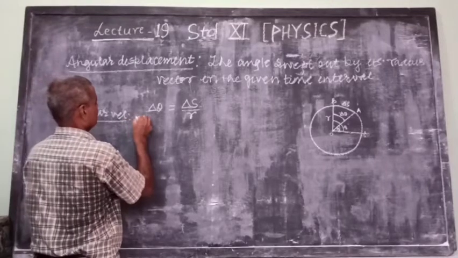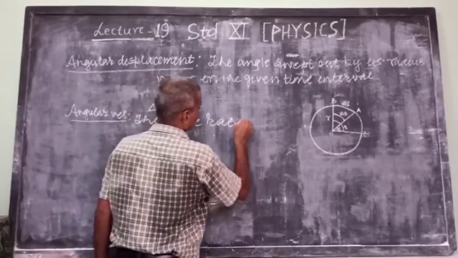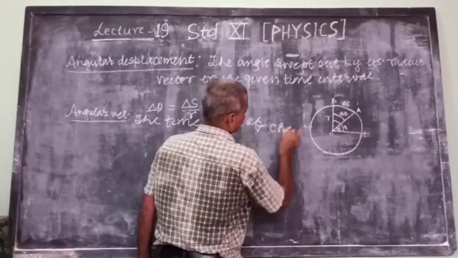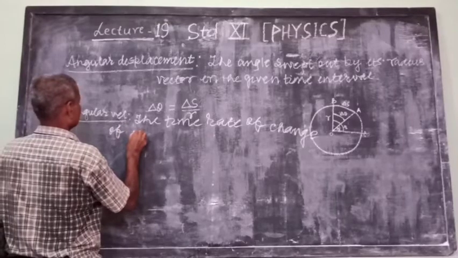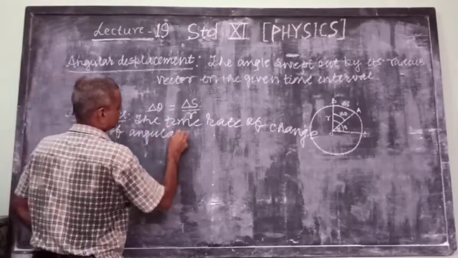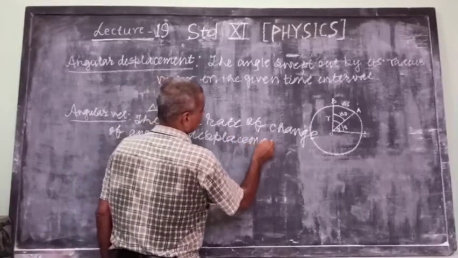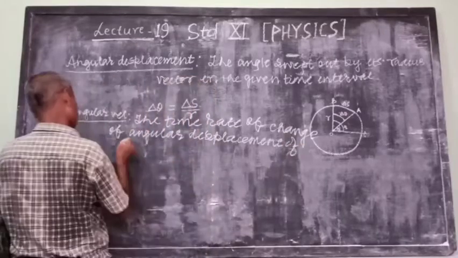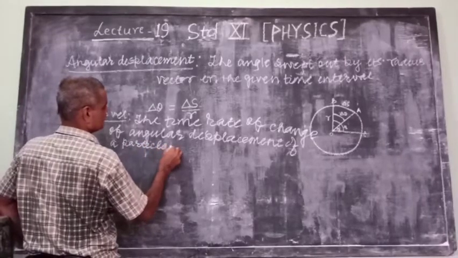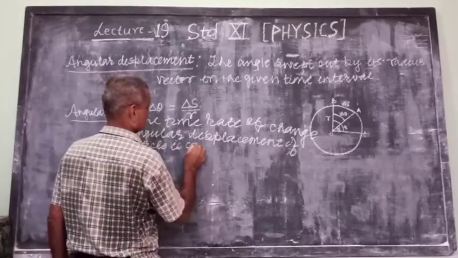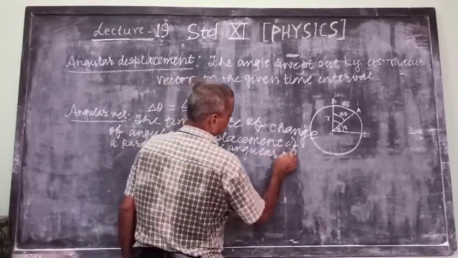Angular velocity, the time rate of change of angular displacement of a particle is called angular velocity.